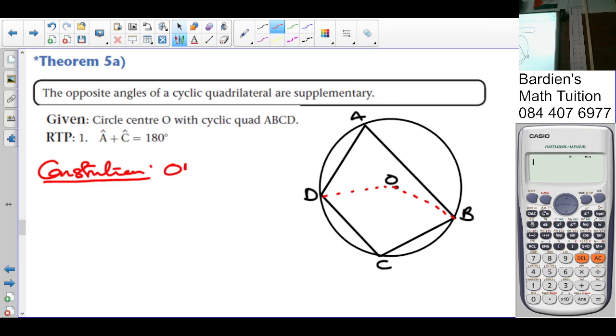Radii, OD and OB. Forming angle O1 and O2.